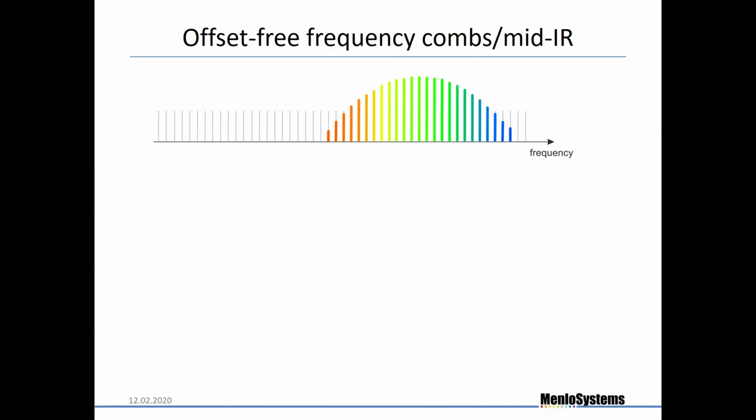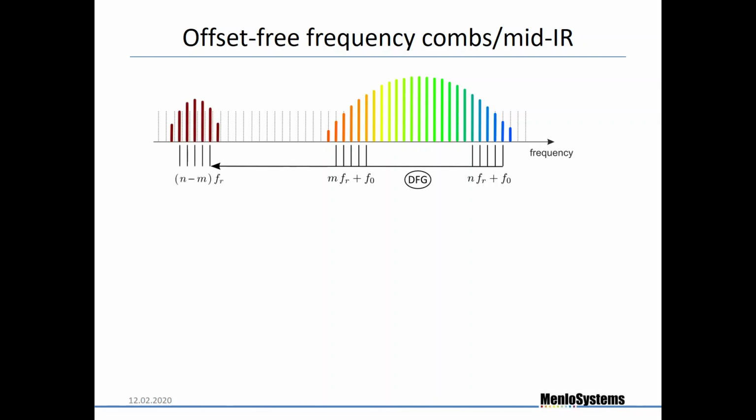There are more ways to stabilize the offset frequency using nonlinear effects. For example, you can take two subcombs and you can generate the difference frequency. And this will remove the offset frequency, okay? If you take these two subcombs with F0 offset frequency and you subtract that, then the offset frequency will cancel and you get a new comb that has no offset frequency.